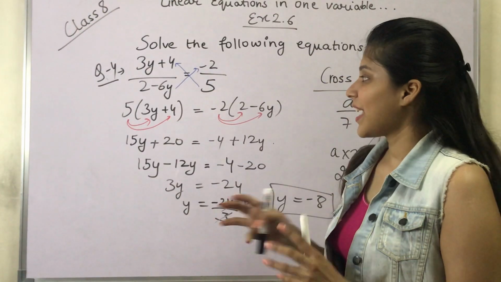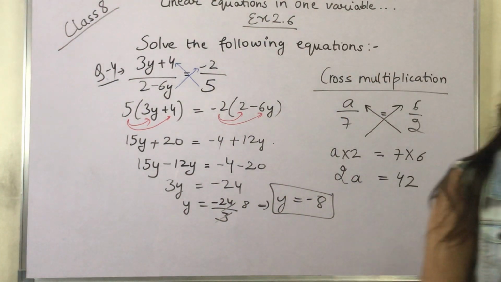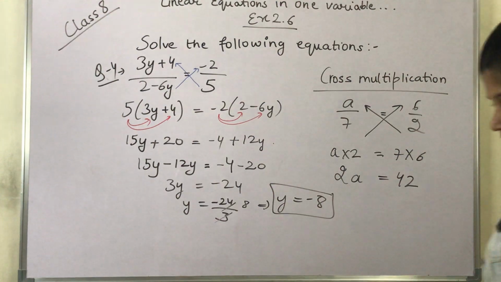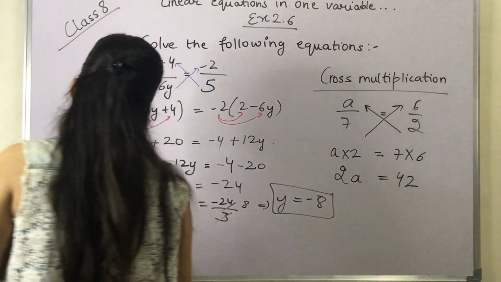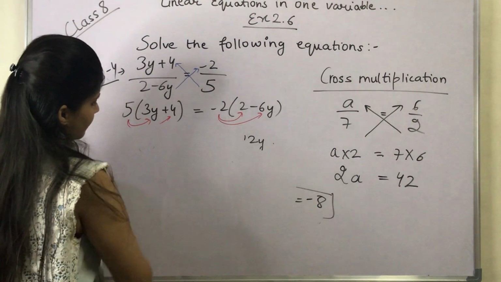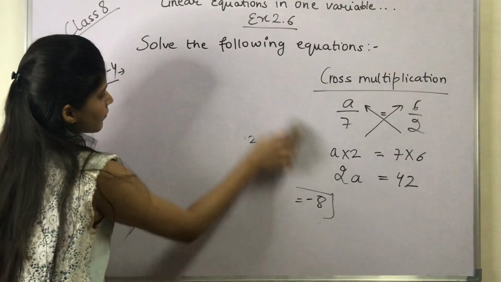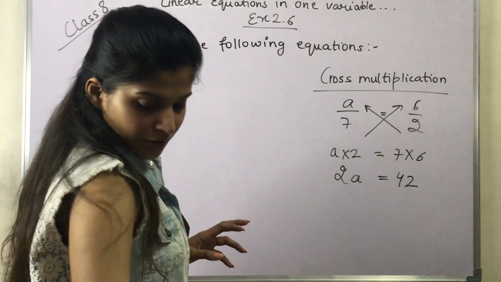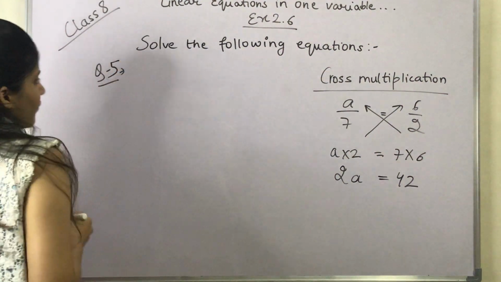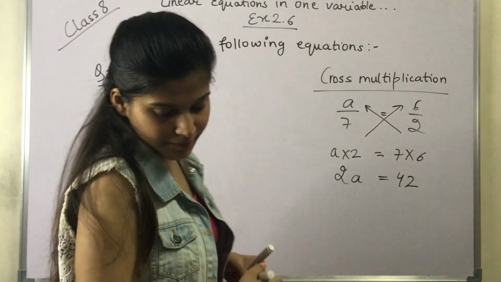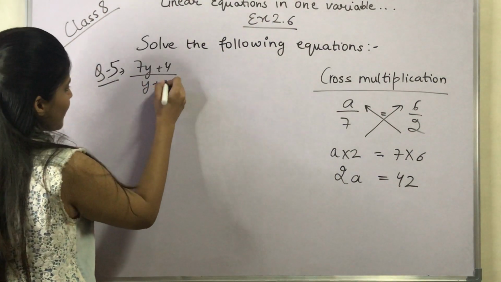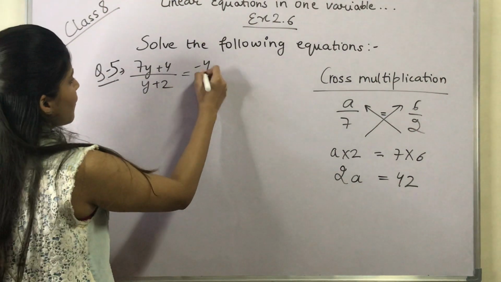Now let's come to the next question. Now children, question number 5 is 7y plus 4 upon y plus 2 equals minus 4 upon 3.